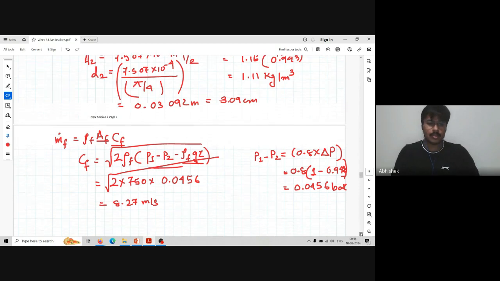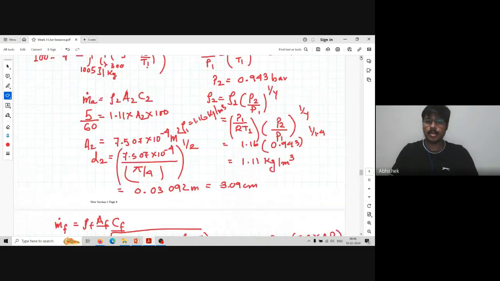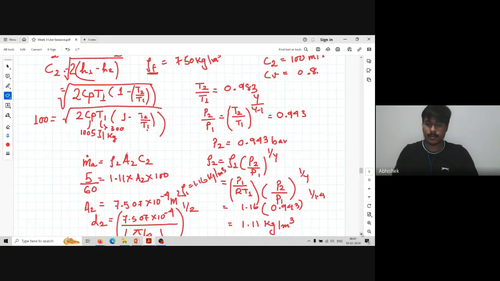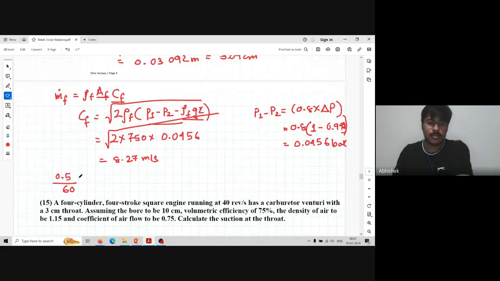Once this is done, calculate AF. I think 0.5 is given. Remember that it is given per minute. Don't forget to convert into seconds. 0.5 kg per minute. Okay, sir. So 0.5 into rho F is 750.